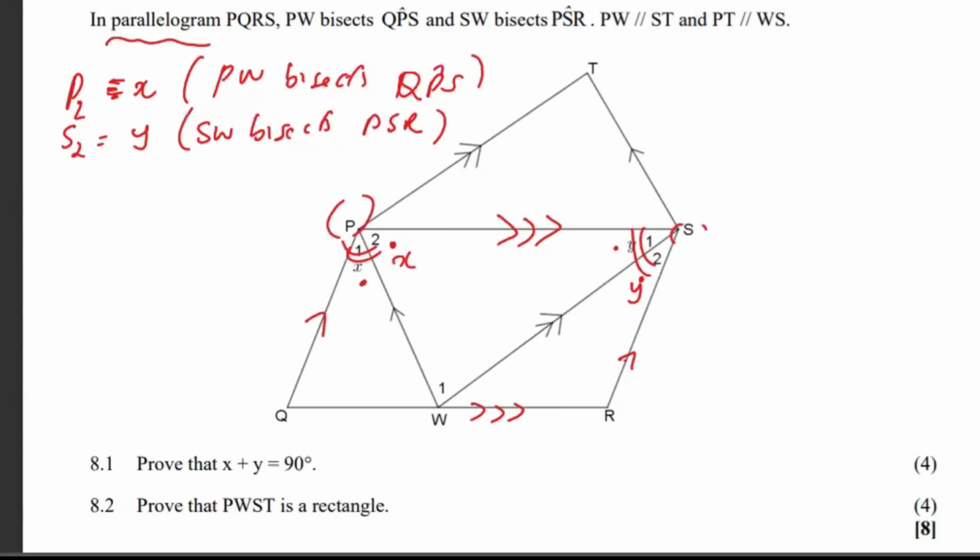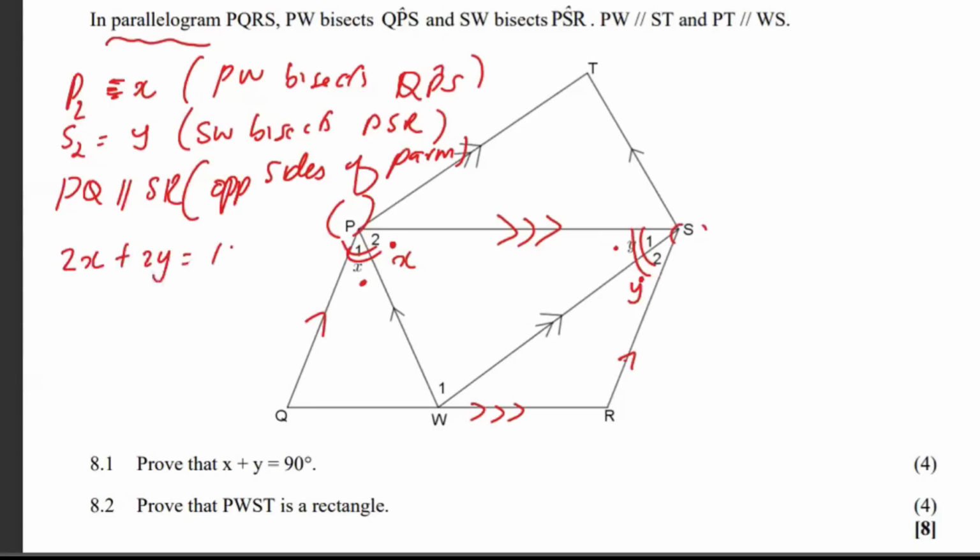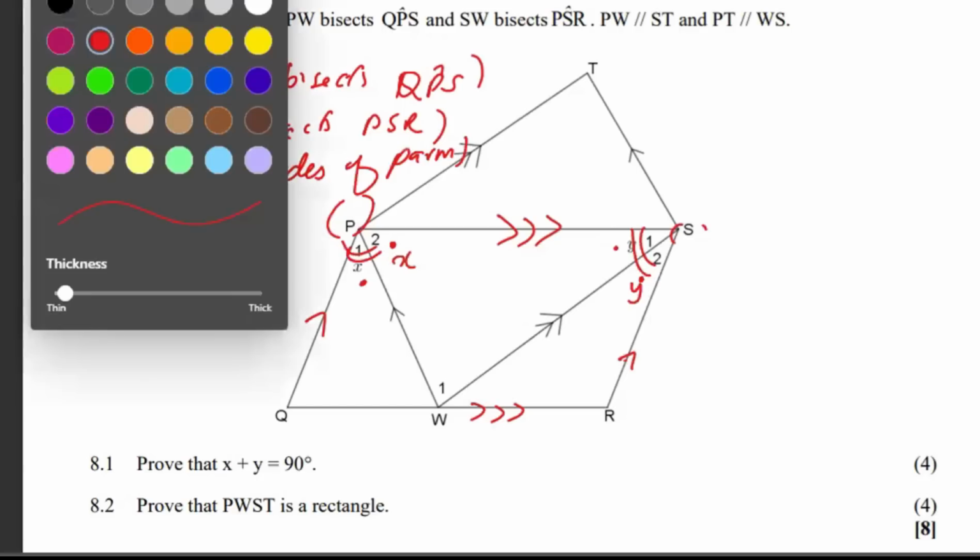Before I do that, I can still say that PQ is going to be parallel to SR. The reason is that those are opposite sides of a parallelogram, which means I'm going to have 2X plus 2Y giving me 180 degrees.